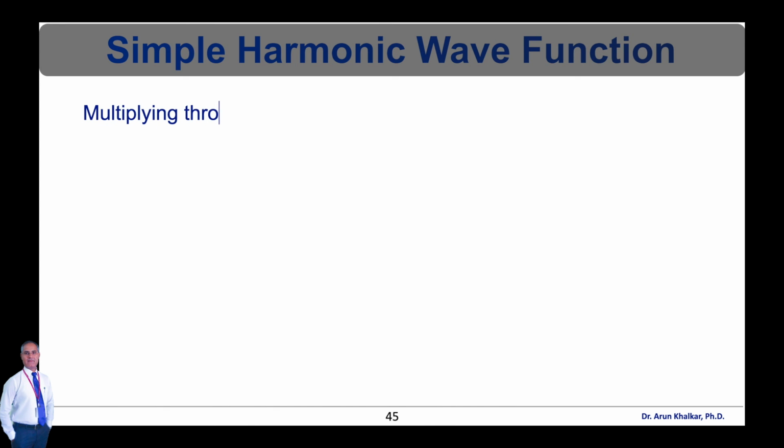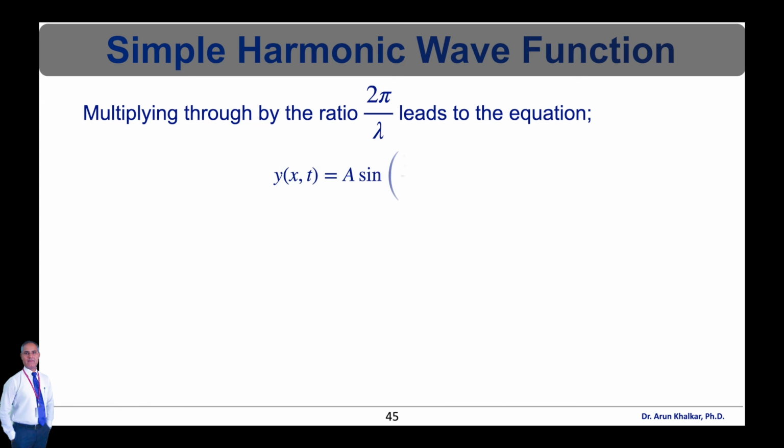It is often convenient to rewrite this wave function in a more compact form. Multiplying through by the ratio 2 pi by lambda leads to y of x,t equal to A sine of (2 pi by lambda into x minus 2 pi by lambda into vt).